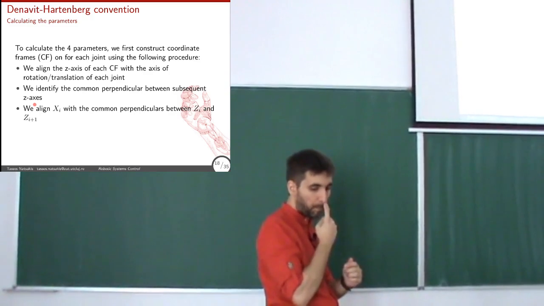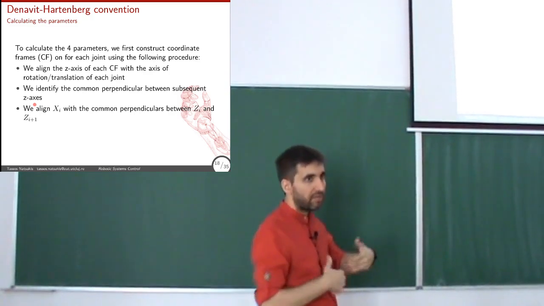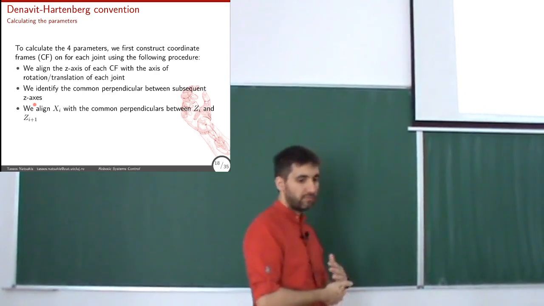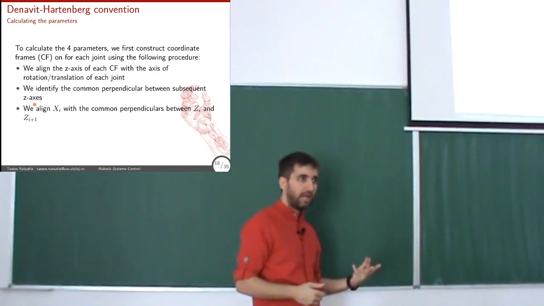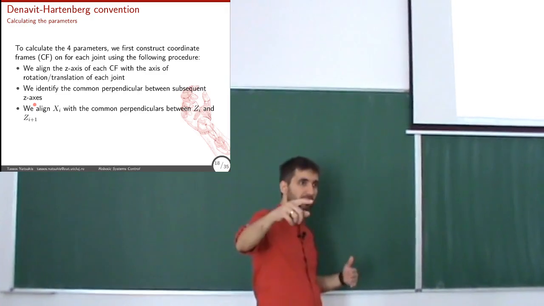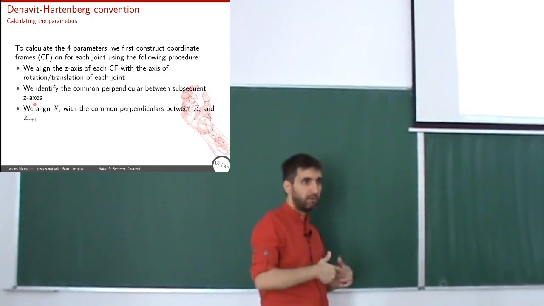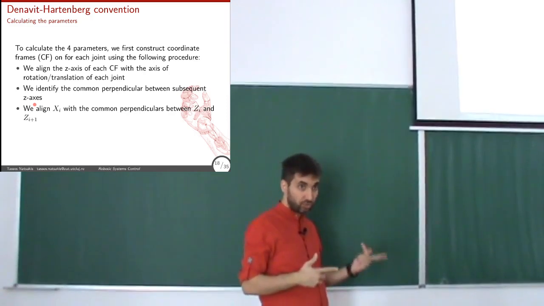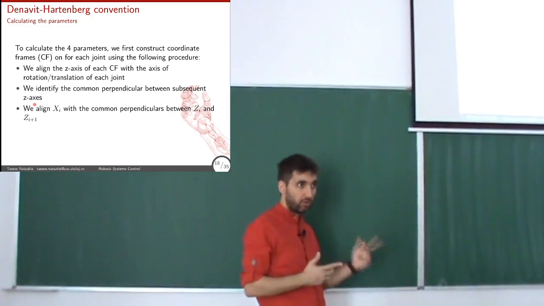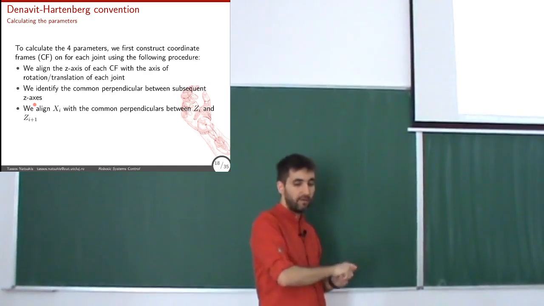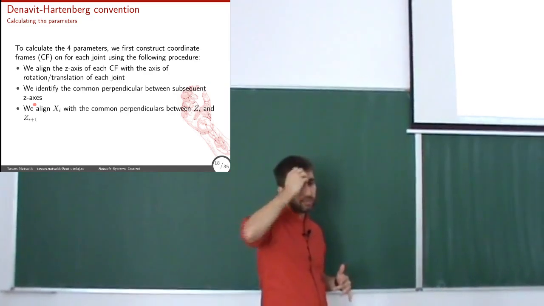Okay? Now that satisfies two conditions. Because the xi is on the common perpendicular between zi and zi plus 1, this means that xi will be perpendicular with zi, which it should be, because it's a coordinate frame, right? And all the axes have to be perpendicular. And it will also be perpendicular to zi plus 1.